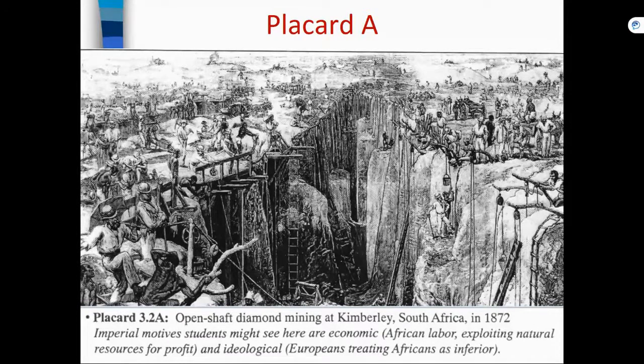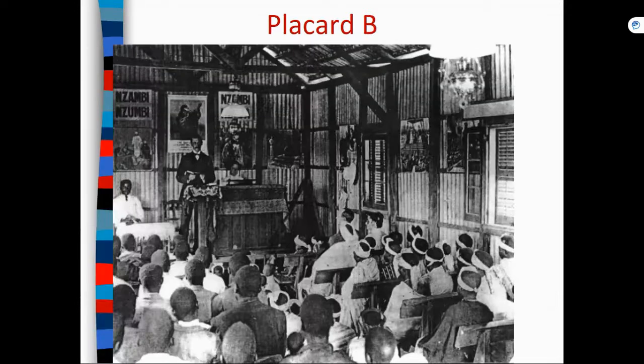So on row A, put a brief description, draw your symbol for motive, and then explain why you believe you're right. Placard B. A Methodist Sunday School in Angola, 1925.